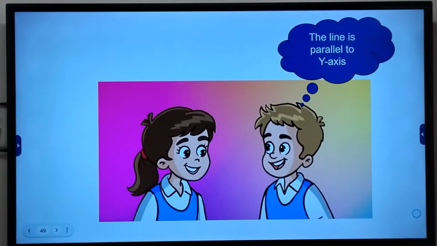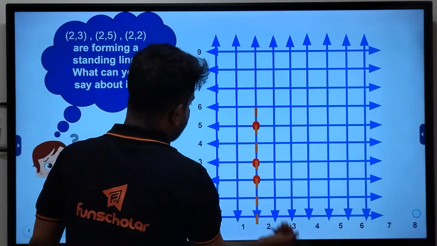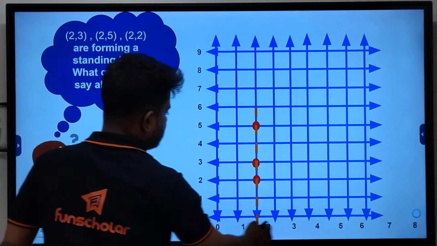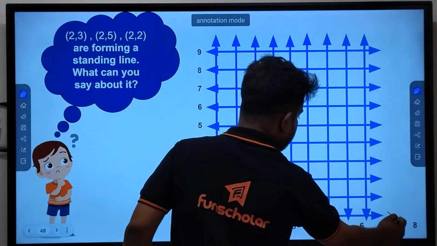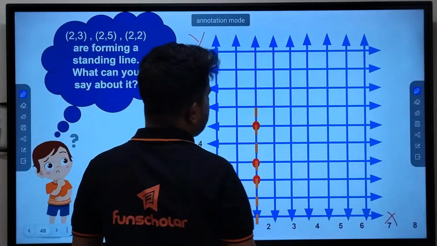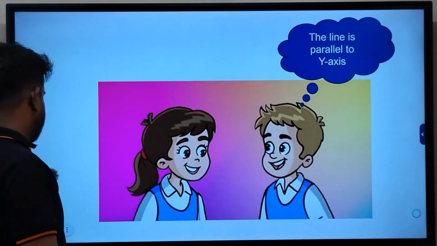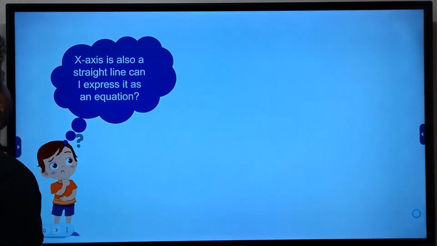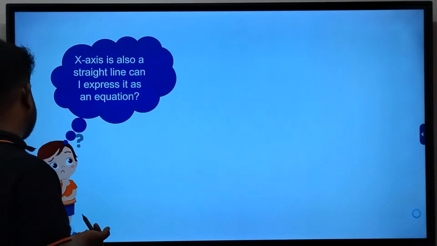This line will also be parallel to the y axis. If I take this one as the x axis and this one as the y axis, then this line will be parallel to the y axis, obviously. The x axis is also a straight line. Can I express it as an equation?